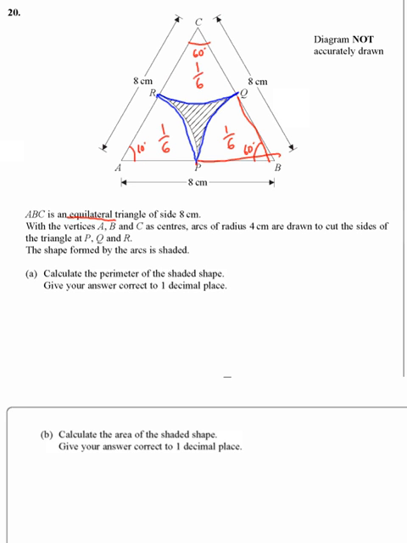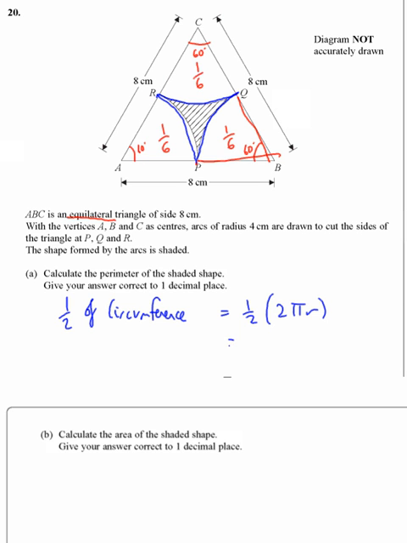If you put together 3/6 of a circumference of a circle radius 4, you have half the circumference of a circle radius 4. So effectively, those 3 blue lines, which make up the perimeter of the shaded shape, are half of the circumference, which is a half of 2 pi r.